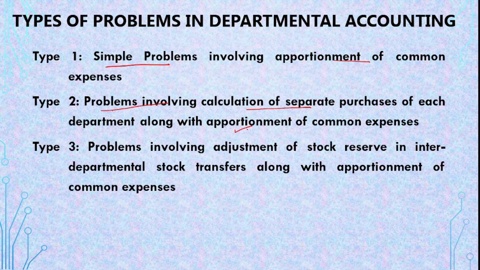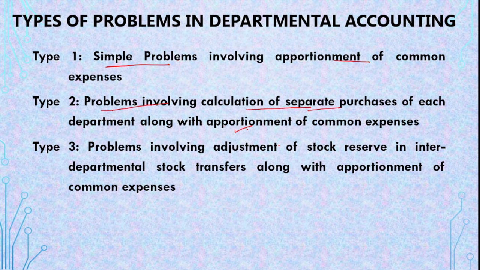Suppose a businessman is selling different types of products, and he bought the products in a complete lot, and then he segregated them among the departments and sold them. So now he will have to distribute the purchase price among each department. So calculation of separate purchases when you make common purchases. This will be another problem that we might come across.